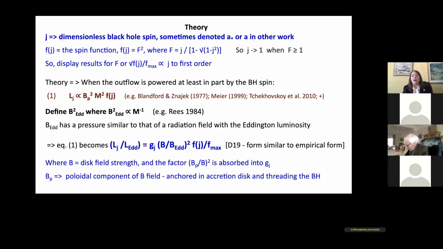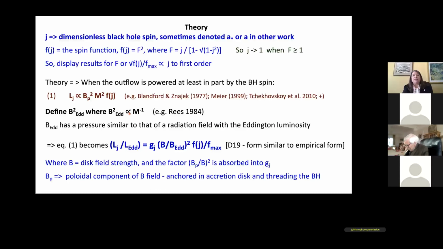as Lj over L Eddington, and using this representation discussed by Martin Rees in 1984 and discussed frequently at around that time, is that you can define something called the Eddington magnetic field strength, B sub ed, and it has a pressure similar to the pressure of a radiation field with the Eddington luminosity.